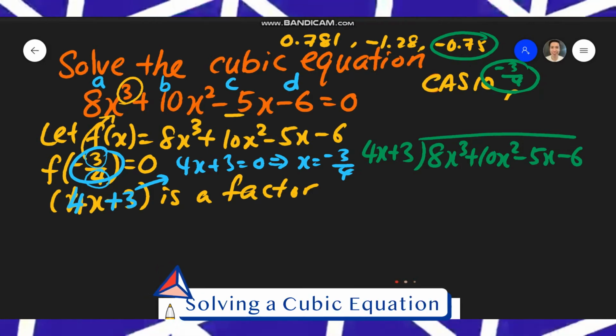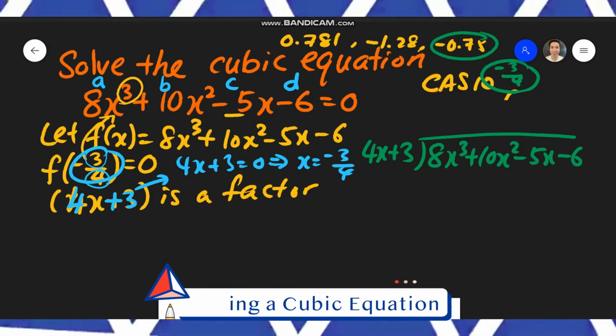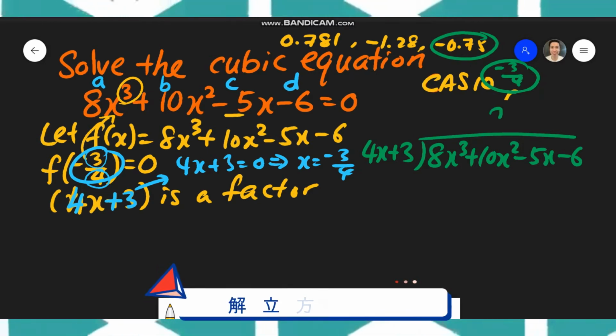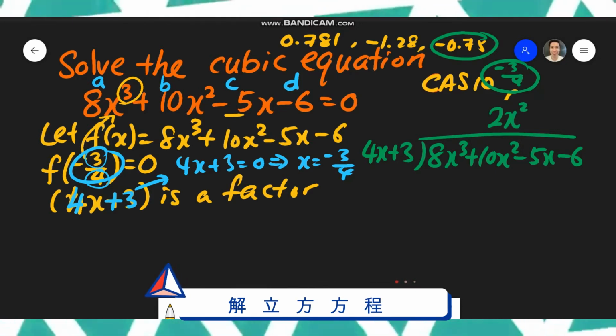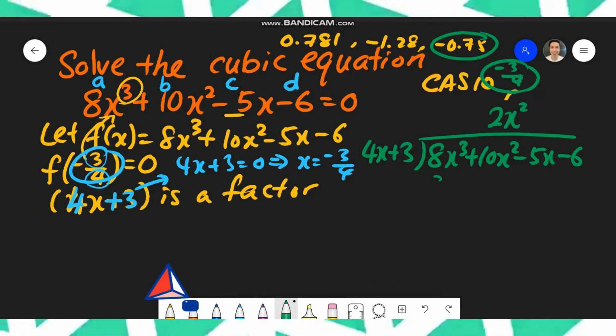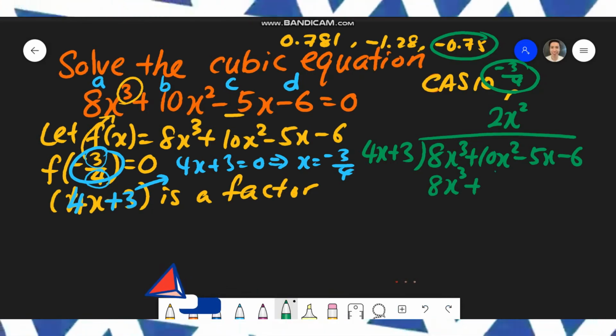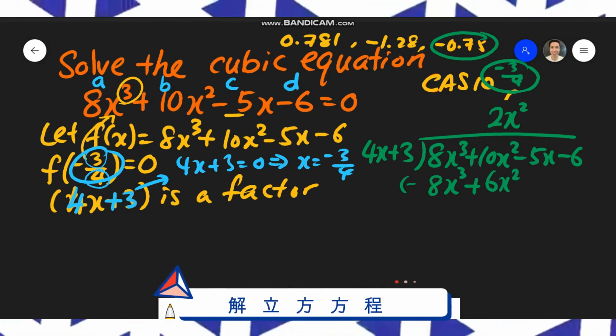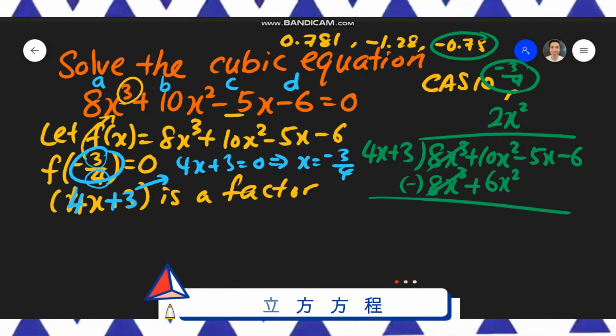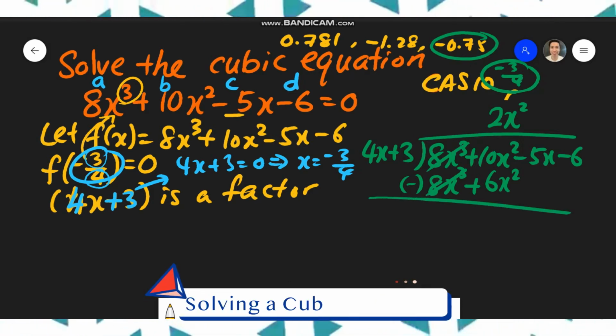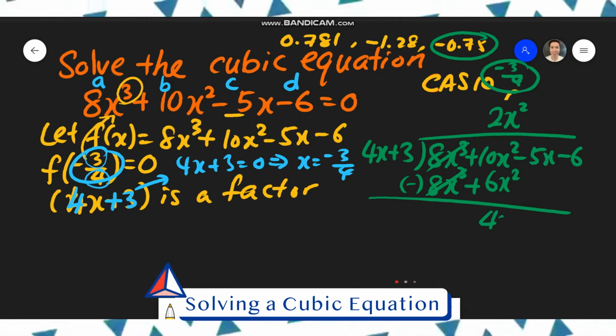It's very obvious, it's 2x squared. 2x squared times 4x will give us 8x cubed. Then 2x squared times 3 is 6x squared, so we can minus it. 10x squared minus 6x squared will give us 4x squared, minus 5x.